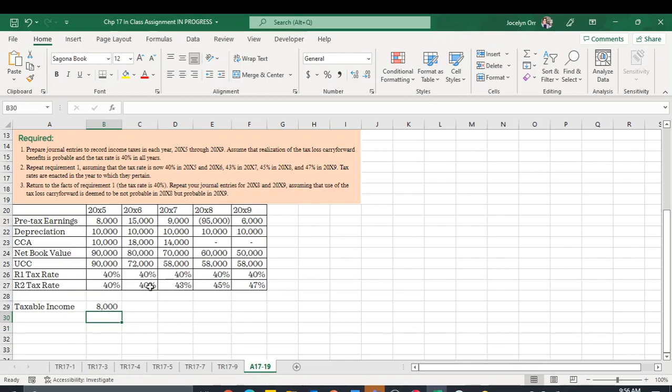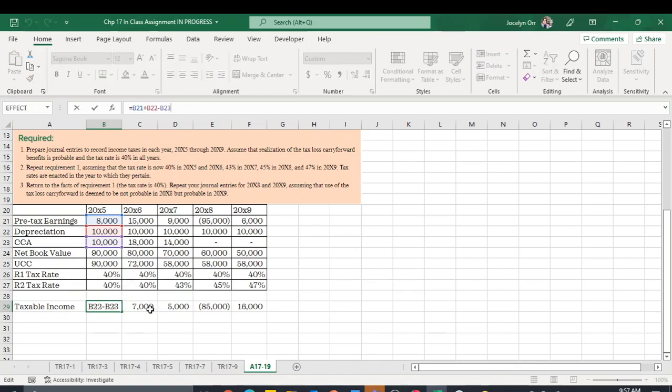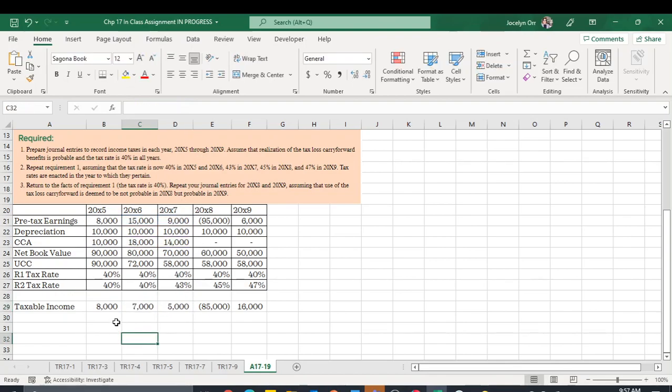Now, of course, it's the same in 20X5 because we added back the $10,000 depreciation and we deducted $10,000 in CCA. But for the rest of the years, and I can make Excel do that work for me, you'll see that we do have a difference. Okay, so once I put this formula in, I can just drag it across. Excel will autofill for me using the same cells for the appropriate year.